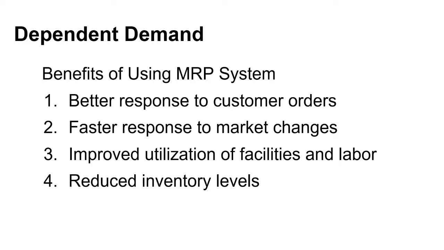Okay, a burger is a product. You need the cheese, you need the onions, you need the tomato, right? So better respond to customer orders, faster respond to market changes, improve utilization of facilities, and so on. Okay.